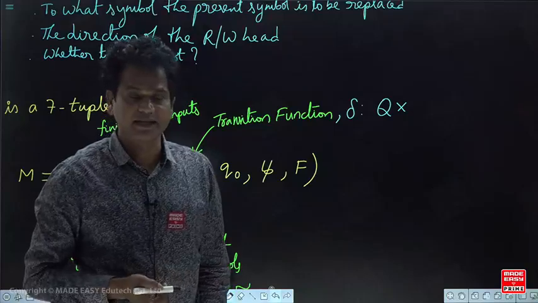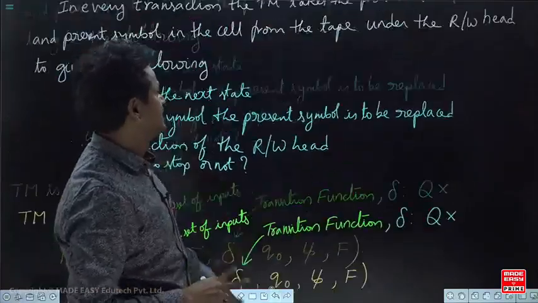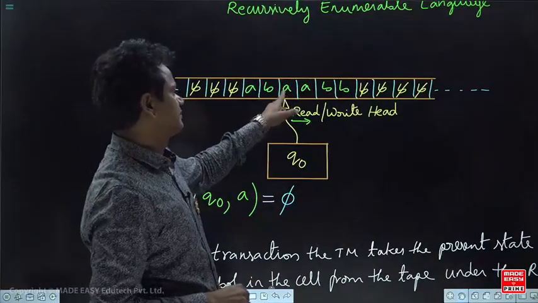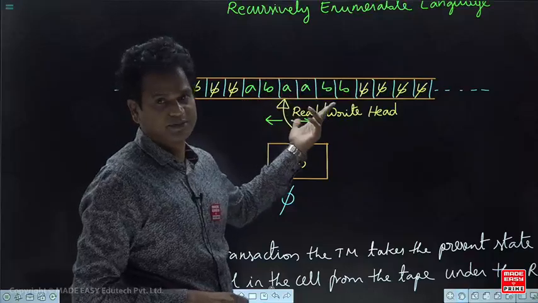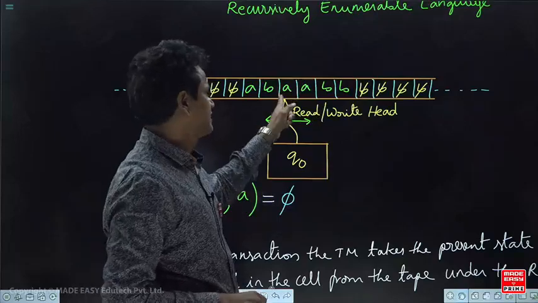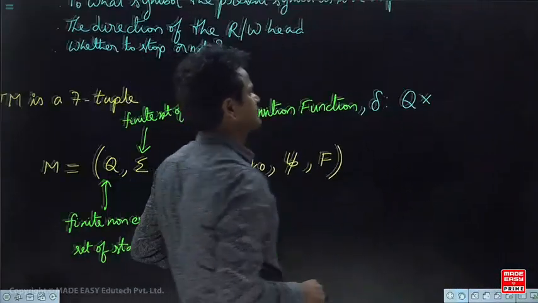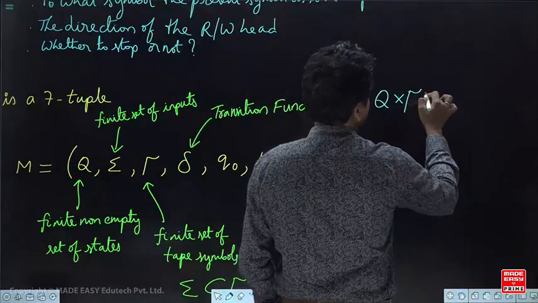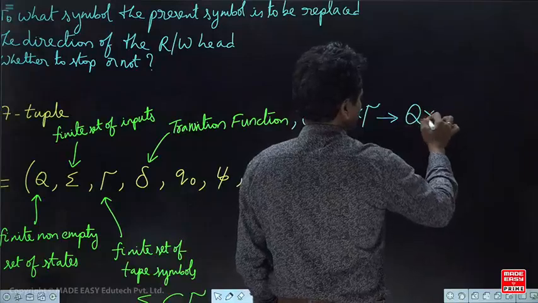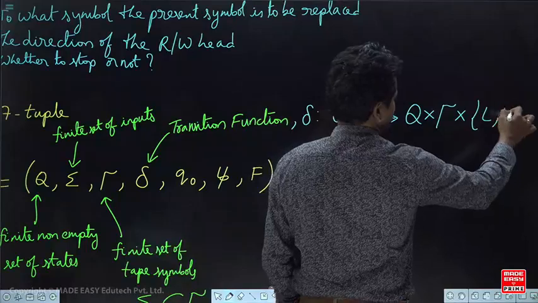That symbol can be an input symbol or another tape symbol. Of course, every input symbol is also a tape symbol. So that is the reason I say Q cross tau maps to the next state, the symbol the present symbol is replaced with, and the direction, left or right.